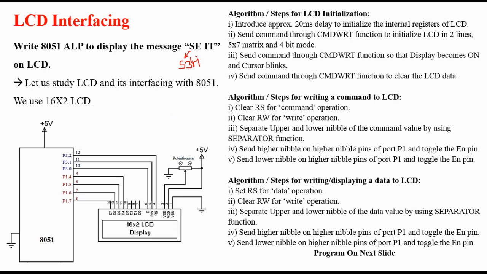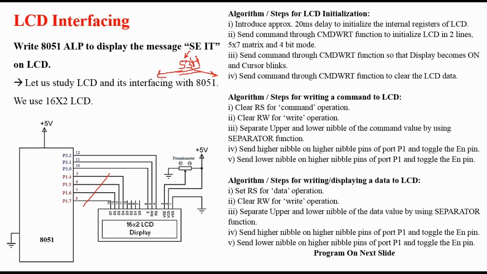This is the ASCII equivalent represented in the form of hex. 53H is the value. So again in this case also we need to send 5 first and after that 3 on the lines of LCD.